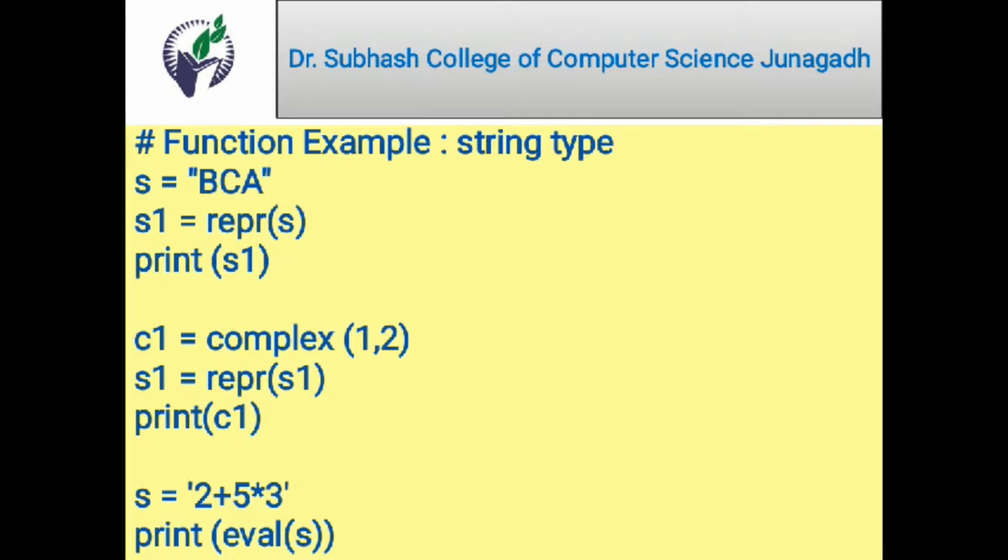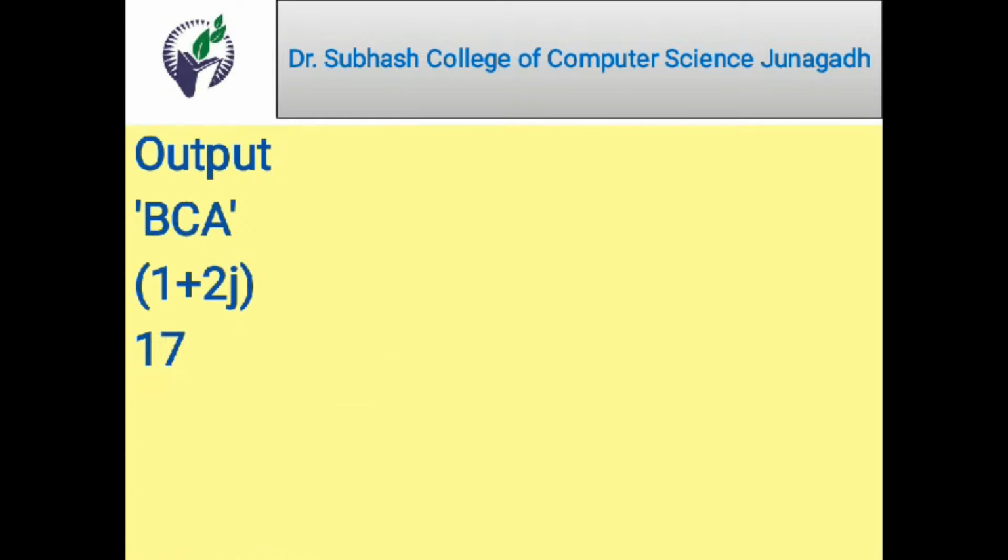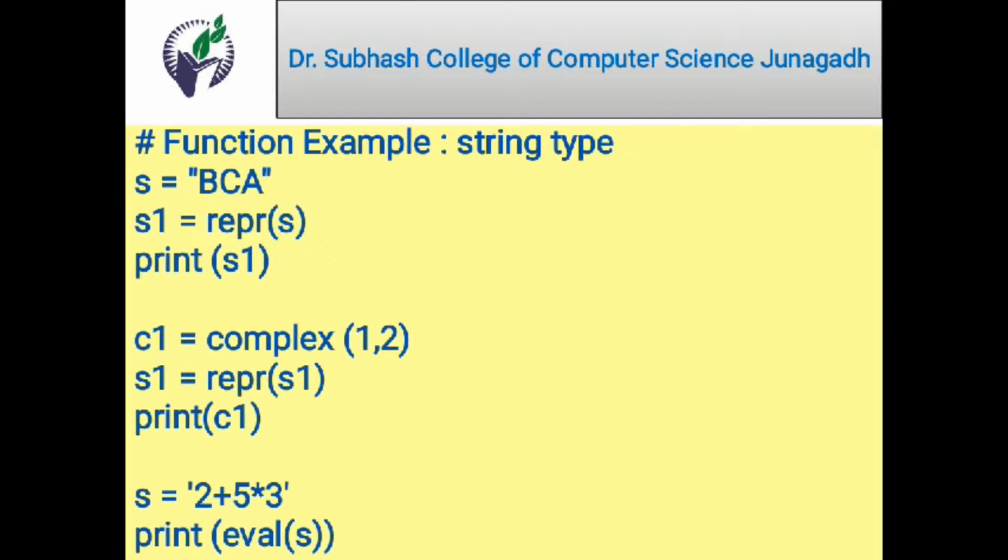The output here is BCA, the regular expression string created from BCA. More about this we will see in later units, the fourth unit. 1 plus 2j is the complex string created from a complex number, and 17 is the value of the string expression. It is not numeric, it is a string, and we have evaluated this string expression.